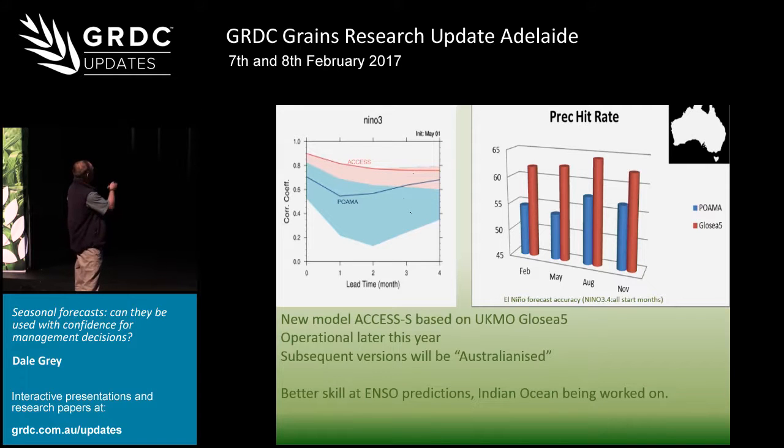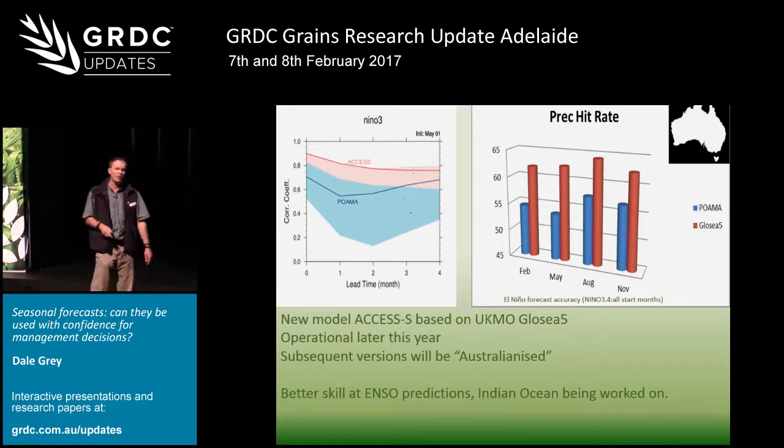But the good thing is that this graph shows the ability to measure the Nino 3 temperature in the middle of the Pacific. POAMA is down here, and this is the correlation showing how skillful it is at getting it 1, 2, 3, 4 months in advance. You can clearly see that the Access model does a much better job than our current model.